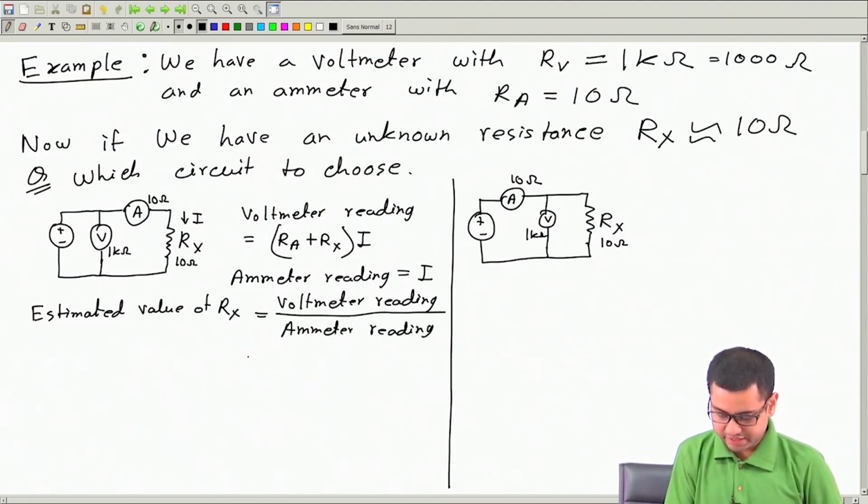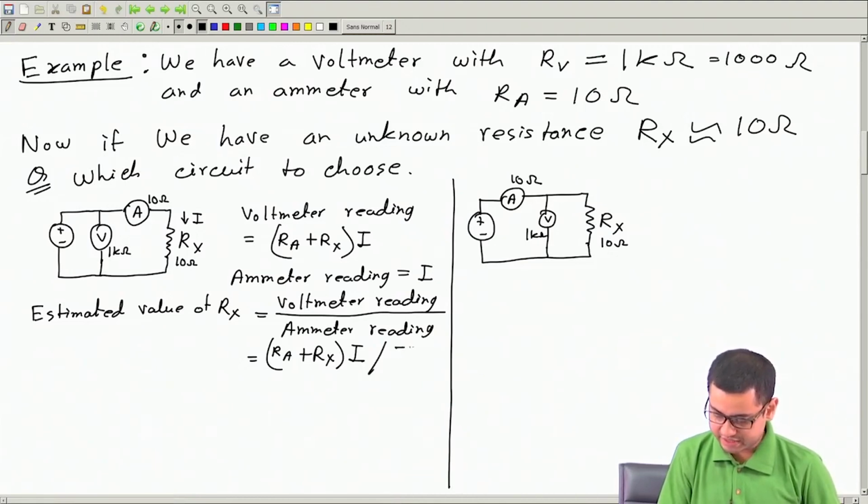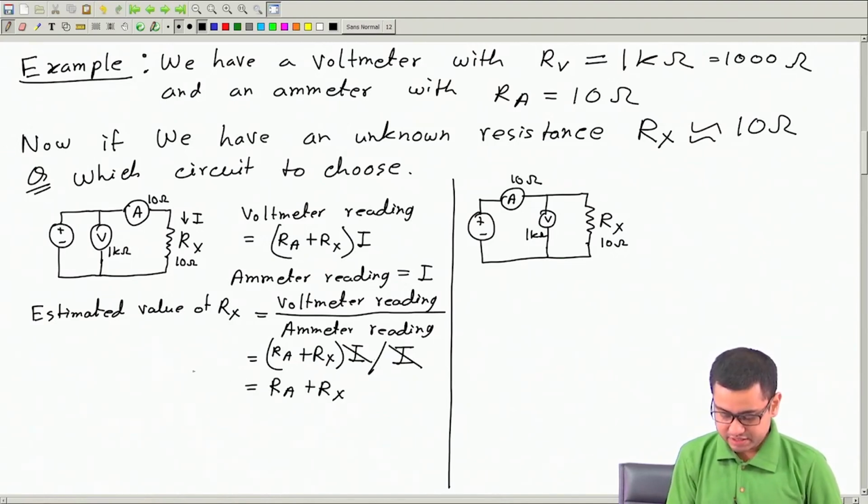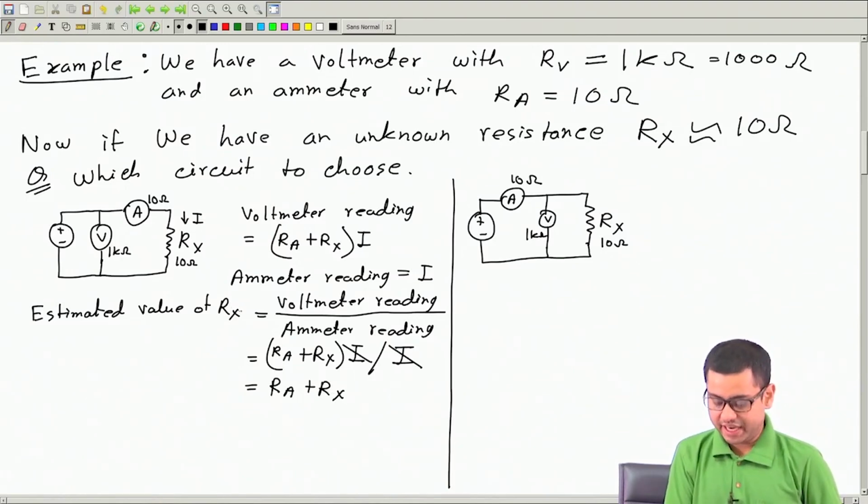The voltmeter reading is Ra plus Rx whole multiplied by I, divided by the ammeter reading, which is I. Now this I cancels. So this is equal to Ra plus Rx. This is the estimated value of Rx, and the true value of Rx is Rx itself.